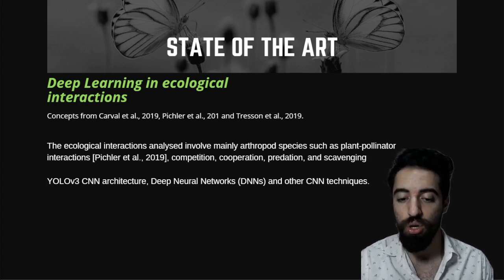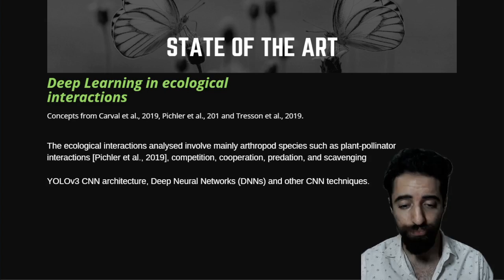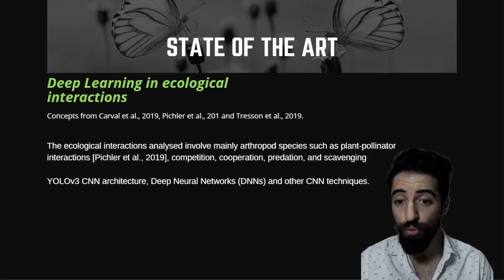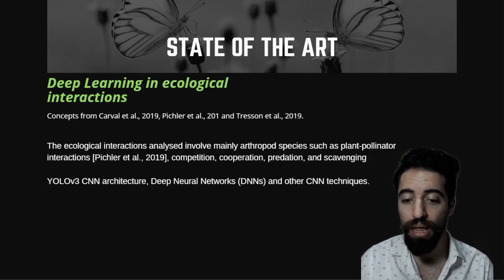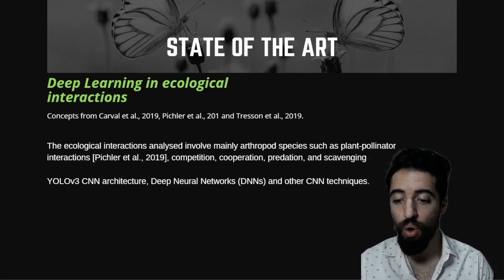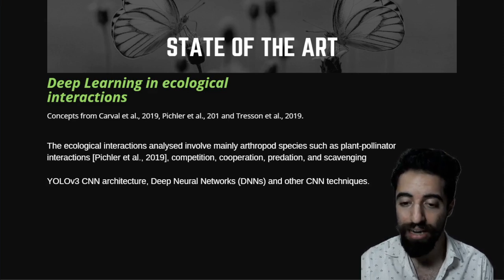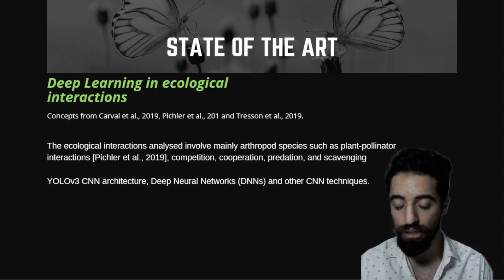They used the arthropod taxa that is easy to manipulate, and for that they use YOLO convolutional neural networks, for example, and also other CNN techniques to identify these interactions.